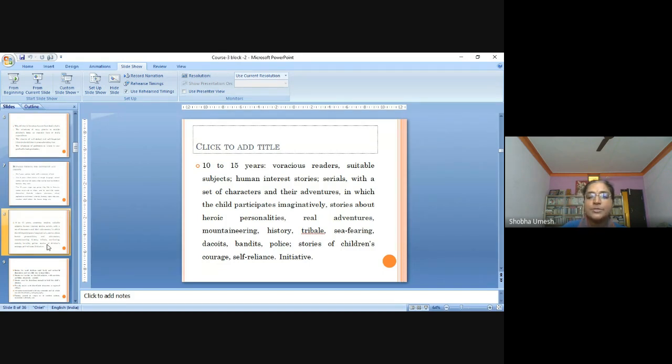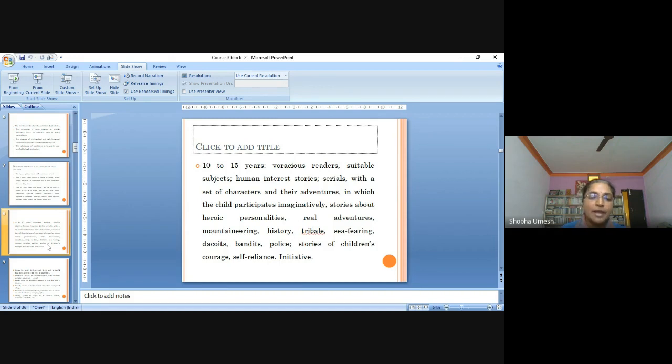And also some stories about heroic personalities, real adventures, mountaineering, or related to the history of their country, or travel, seafaring, dacoits, bandits, police, stories of children's courage, self-reliance. All these things attract the age group of 10 to 15.